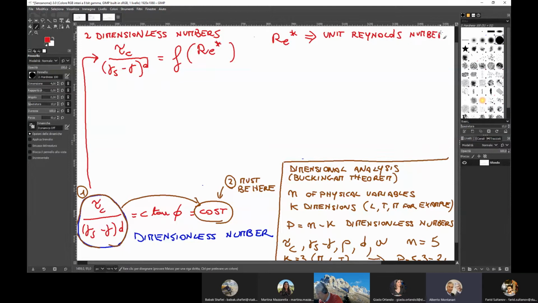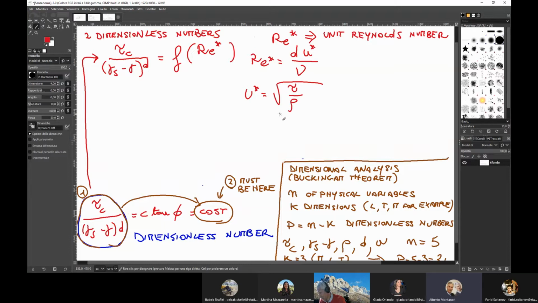Very good. What is this number? How can I write it? Okay, it's dimensionless. So it's given by, I put the kinematic viscosity of water at the denominator. I put the size of the unit at the numerator, and I put the U star, which is the shear velocity, at the numerator. How can I express the shear velocity? The shear velocity is equal to the square root of tau divided by rho.